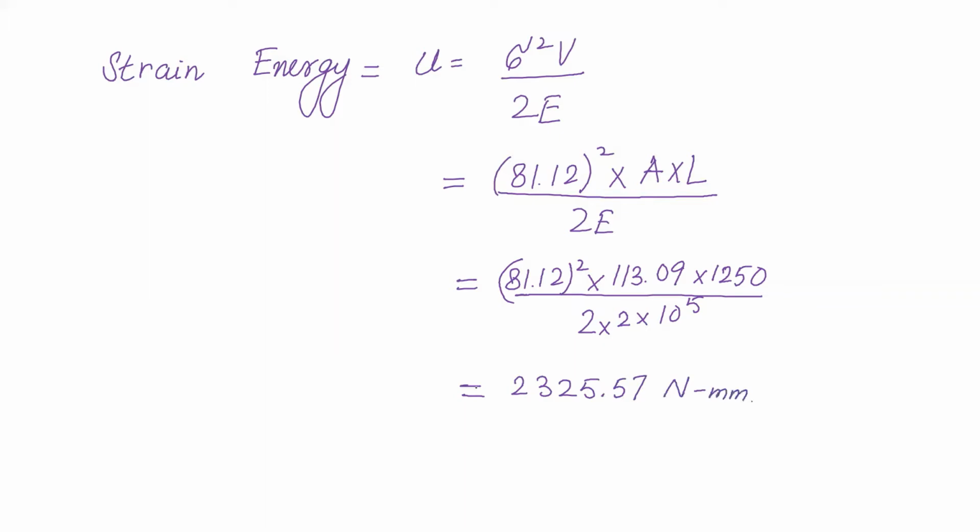If you get a big value, you can go for kilonewton by dividing by 1000, or divide by 1000 square to make it kilonewton into meter. But if it is not so, you should write down the answer like this, and you will get your marks.